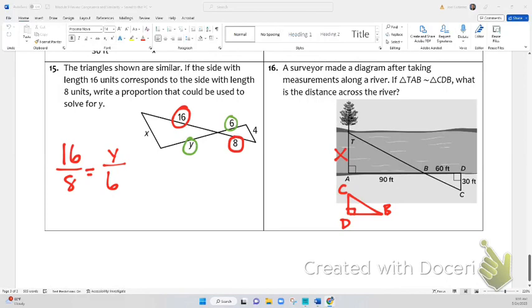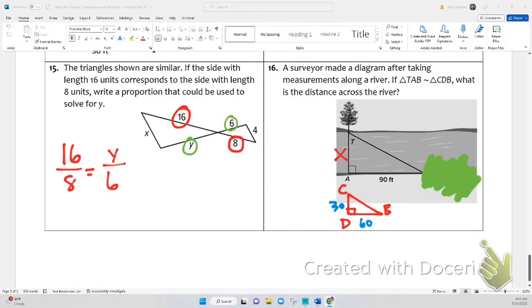So from B to D, it's 60, so let me use a different color to make life easier for you guys to see. That one is 60, and then this one is 30, right? So I no longer have a use for this, because I just redrew it. Now I set up a proportion just like we did on number 15, and for this one I have to solve for it, right?